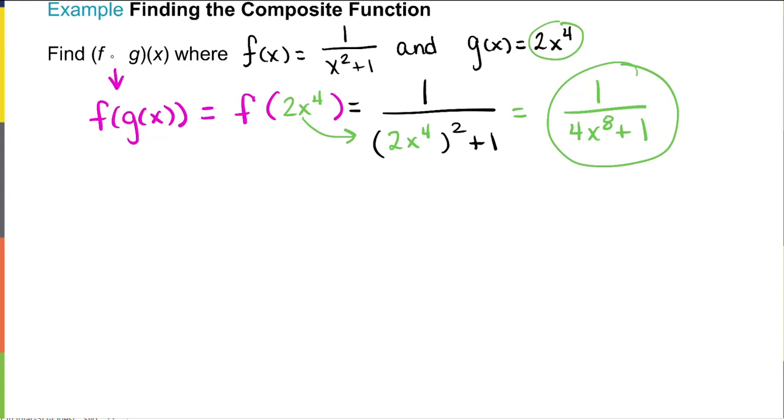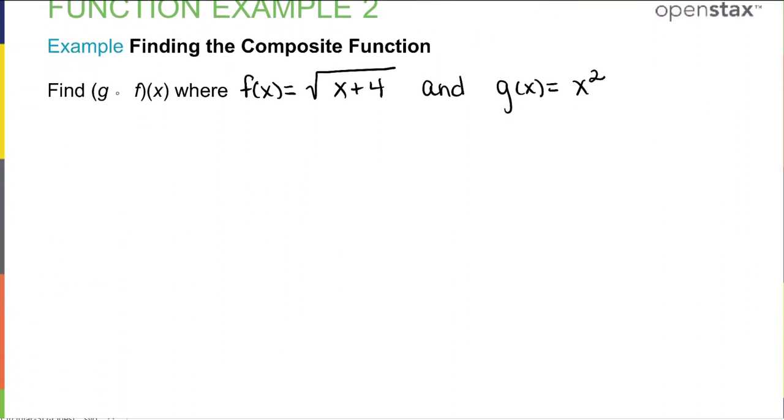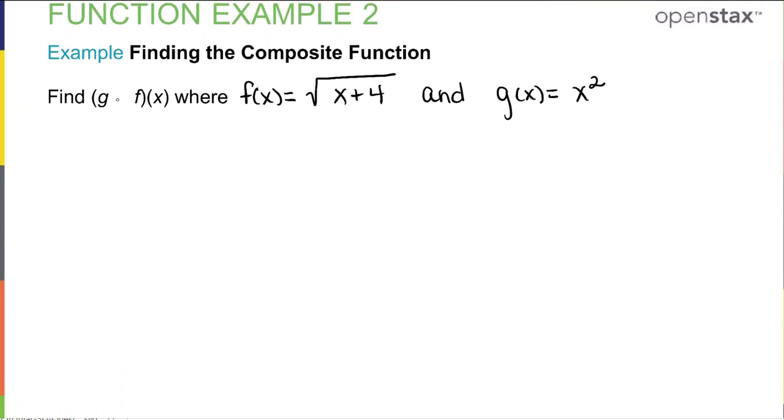They don't ask us to do the opposite, the g of f of x, so we're going to move on. All right, let's do another one. Now we're going to go backwards. We're going to do g of f of x. In g, we're going to substitute in f of x, which is the square root of x plus 4. And g of x is x squared.